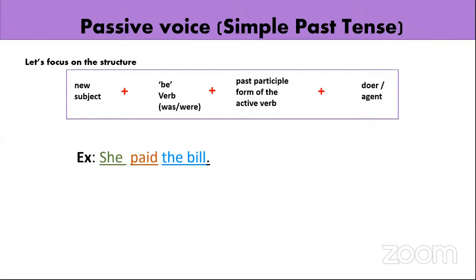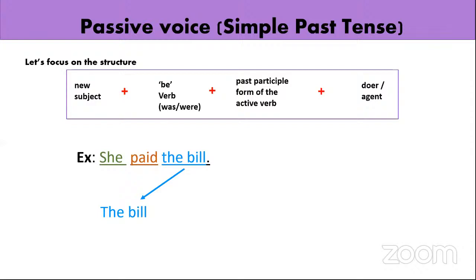Again, the same procedure you have to go through. Same procedure. Then the object, you have to take to the subject position. Then I told be verb, next one. Then be verb. As be verbs, you have to use was or were.